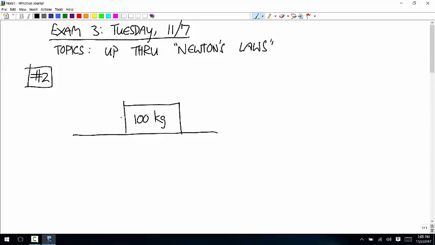That's a lot. That doesn't really affect anything, but it says that this block remains at rest when this 250 Newton force is applied. So what's the force vector that's required for this to stay at rest?